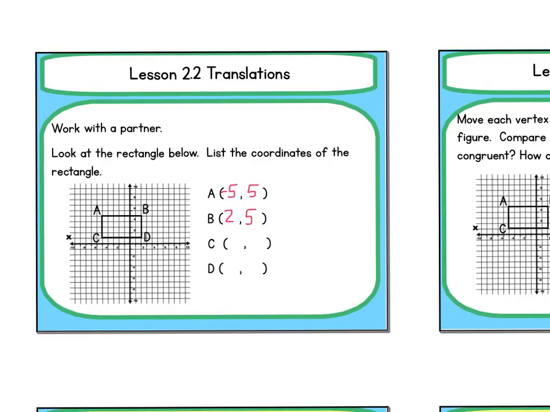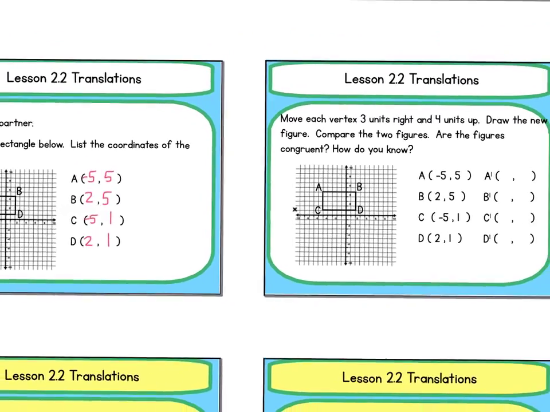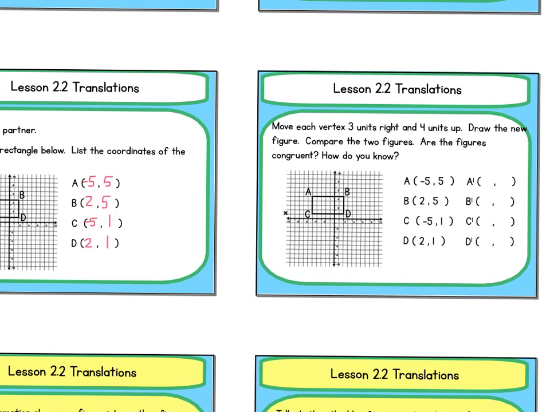C would be -5, 1. And D would be 2, 1. So we've got our coordinates listed there. Double checking on the next slide, you notice that we had -5, 5, 2, 5, -5, 1, and 2, 1.